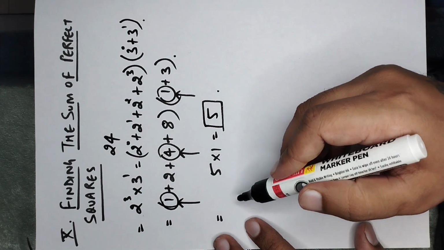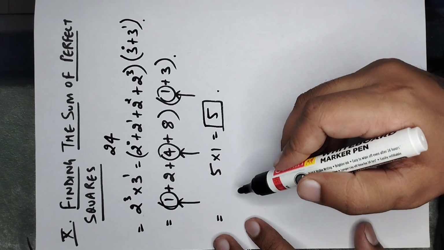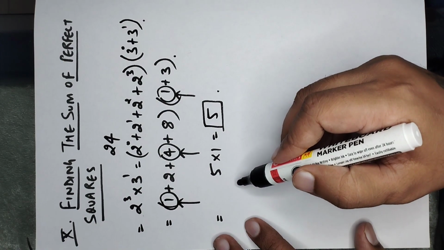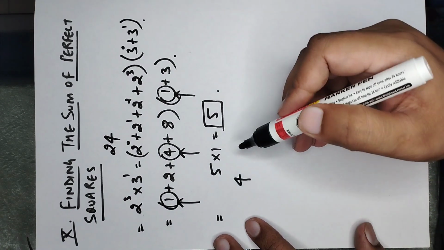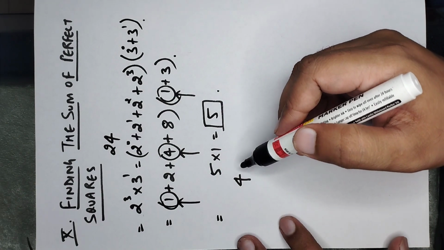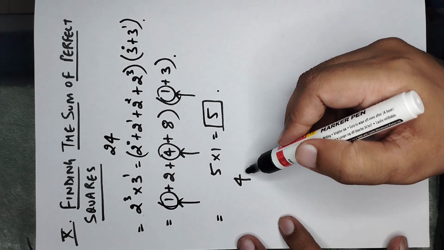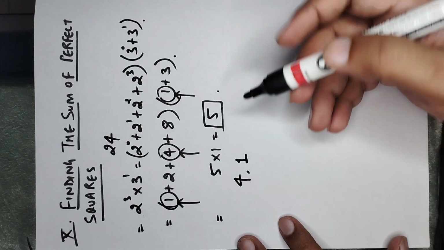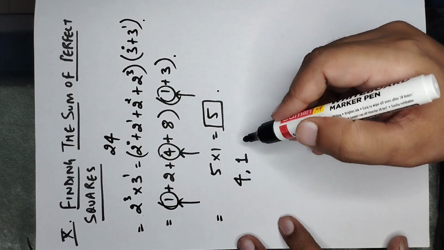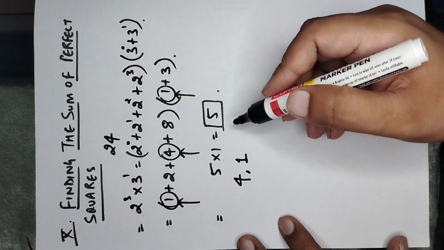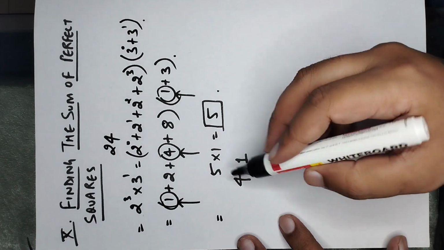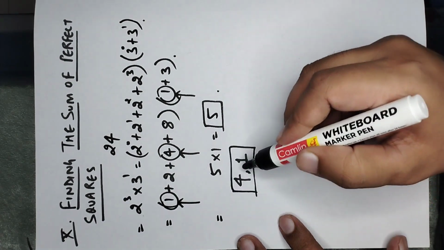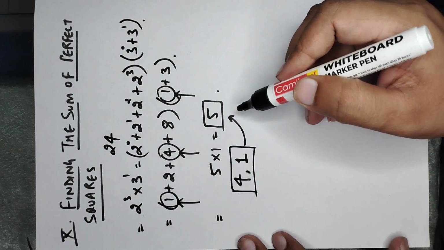I know that in 24 there is a number 4, and 4 is a perfect square. Then there is another number 1, which is also a perfect square. Now I cannot take 9 because 9 is not a factor of 24. So we have only 2 factors, 4 and 1, and the sum of these 2 factors is equal to 5.